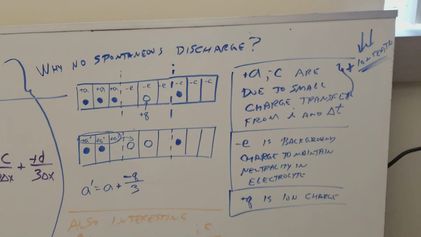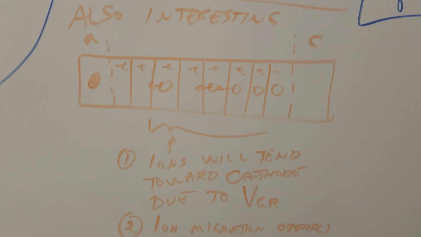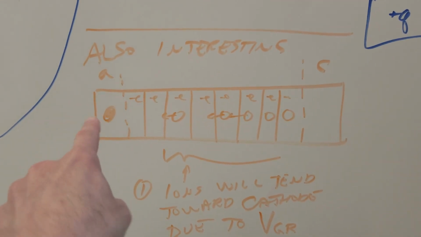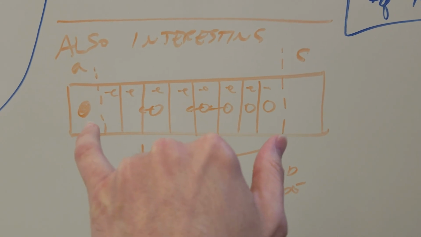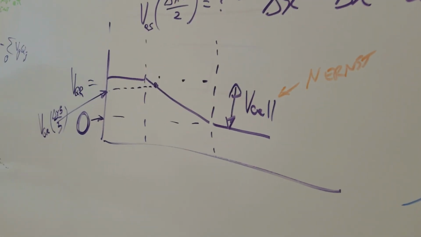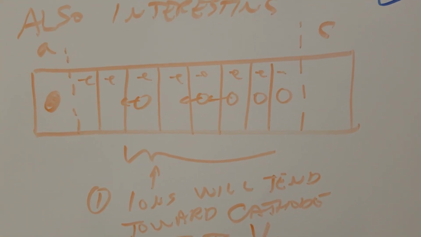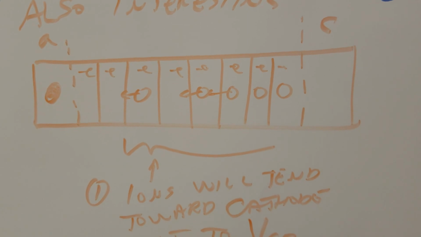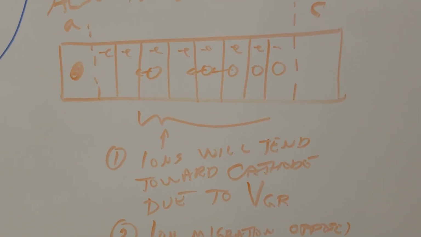Now, something also interesting and worth noting is that let's say we have a system with a very small anode and a small cathode, but a large electrolyte. Due to the gradient, there's going to be a tendency for those ions to bunch up at the cathode. That certainly makes sense.